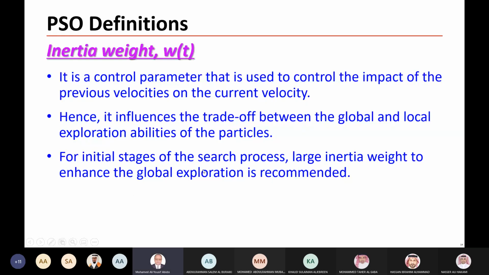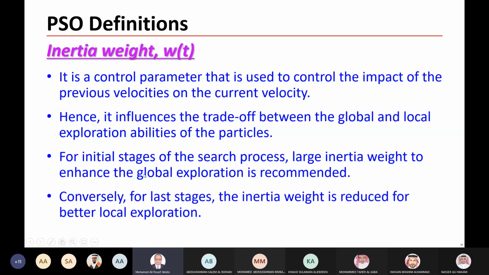For the initial stages of the search process, a large inertia weight is recommended to enhance global exploration. At the final stages, this inertia becomes very low. So at the beginning we are enhancing the global acceleration, and at the final stages we need to enhance the local acceleration.